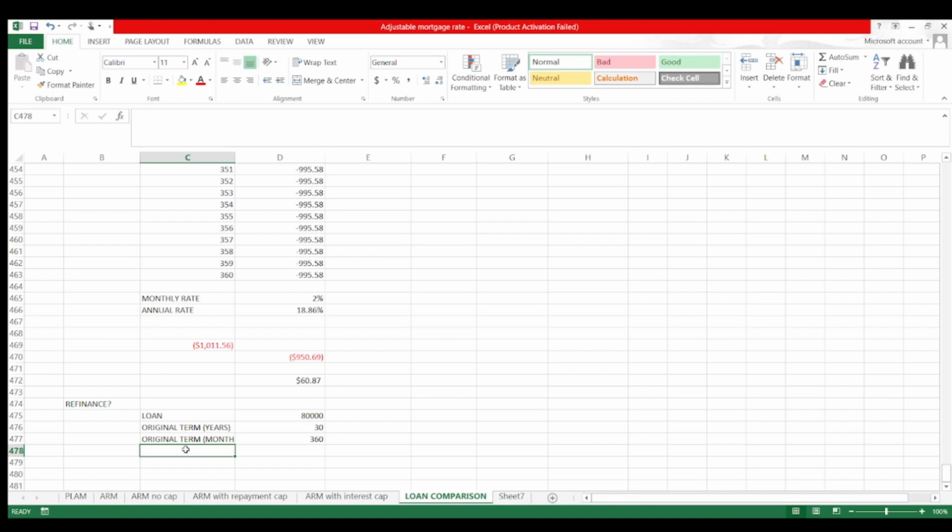Now the interest rate is 15%, which is 0.15. Let's get the monthly rate, which is equal to the annual rate divided by 12.